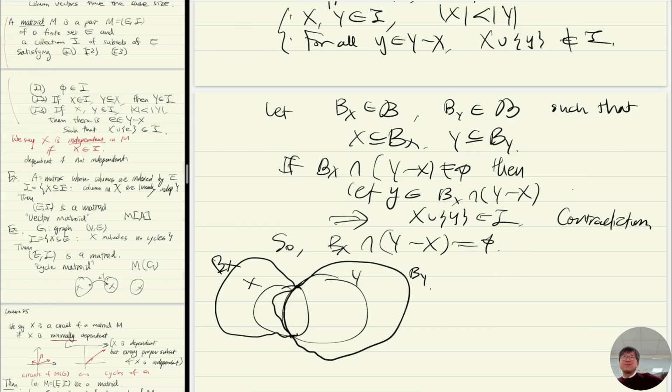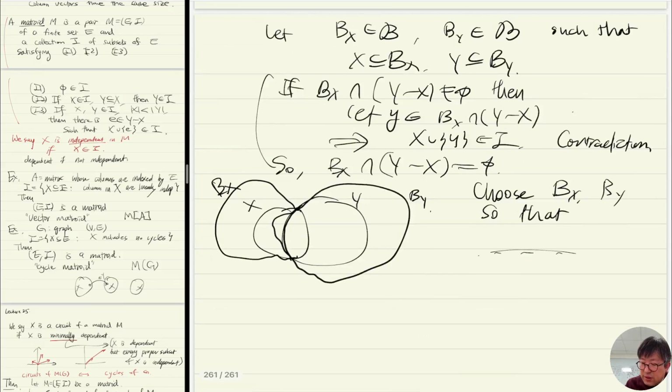My picture is big wrong. Now among all these pairs of bases bx and by, choose bx by so that something is minimized. Okay, I will add the condition later. Let me just put a blank. So after completing the proof, we will fill in the correct conditions.